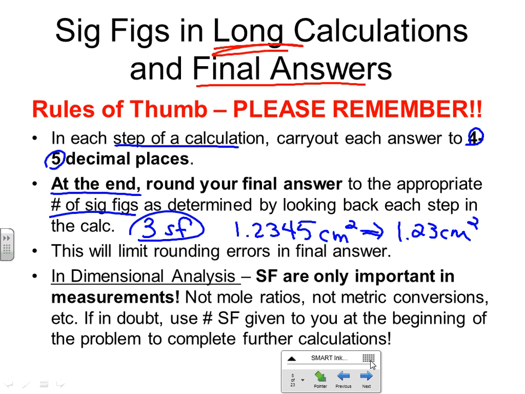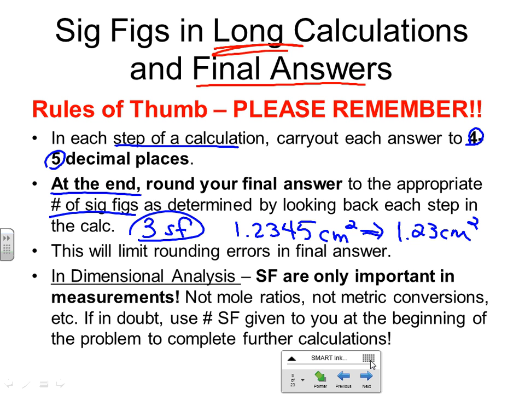Now, whenever you do dimensional analysis, when you're multiplying multiple things by each other and all you're really doing is using metric conversions or only using mole ratios, these are not measurements, therefore you don't care about the sig figs there. You're going to have probably 1 sig fig on all of those, like 1 mole over 2 moles. Well, that's going to really limit your answer in numbers of sig figs if you take those into account.